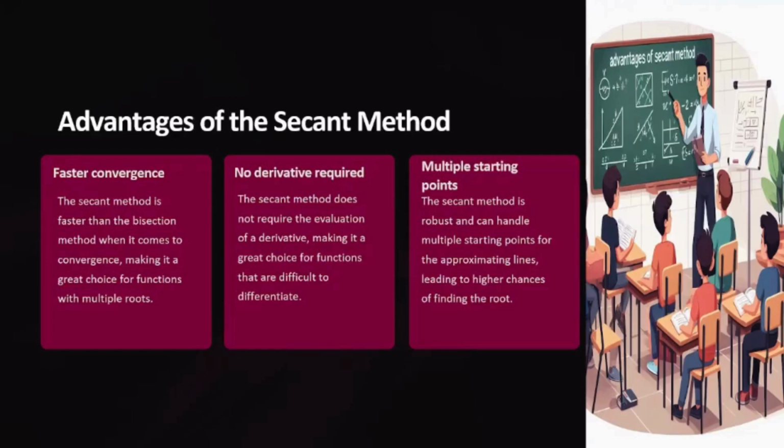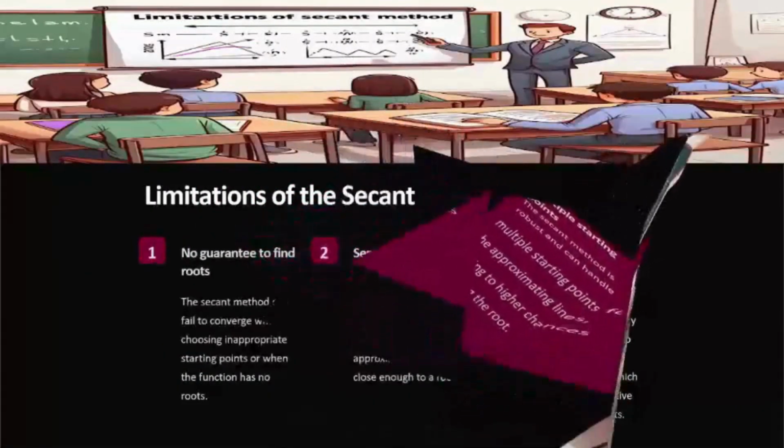Second, no derivative: the secant method does not require the evaluation of a derivative, making it a great choice for functions that are difficult to differentiate. The third advantage, and it's really important, is that the secant method can handle multiple starting points for the approximating lines, leading to higher chances of finding the roots. Now moving towards the next slide.